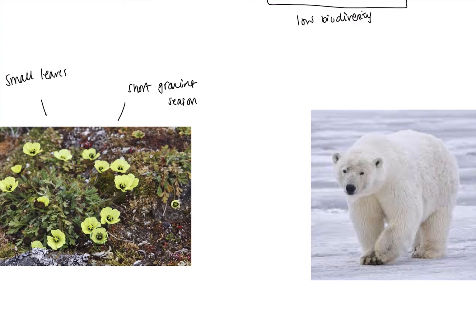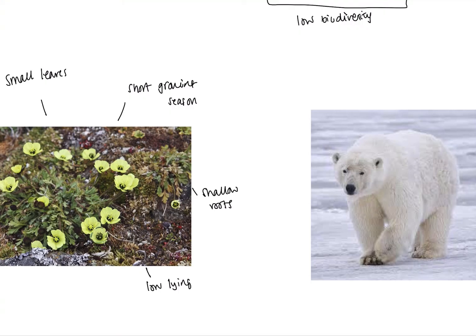So if we look at my lovely plant here, it definitely has that. So small leaves here are going to help limit transpiration. They've got shallow roots, and that's because of the permafrost. They're low-lying, so that would help protect them from the wind. And many plants here become dormant, so help them survive the cold and dark winters as well.